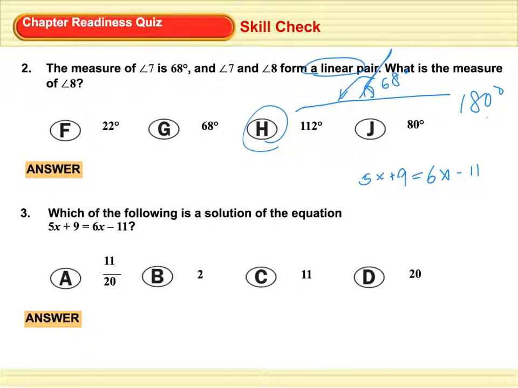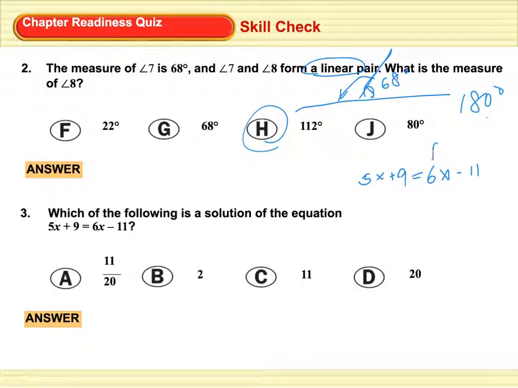Okay, so one way that you are probably very familiar with is something called inverse operation. Inverse operation meaning the opposite operation. We only have 4 operations: plus, minus, multiply, and divide. So let's see which one we can use here. 5x plus 9 equals 6x minus 11.